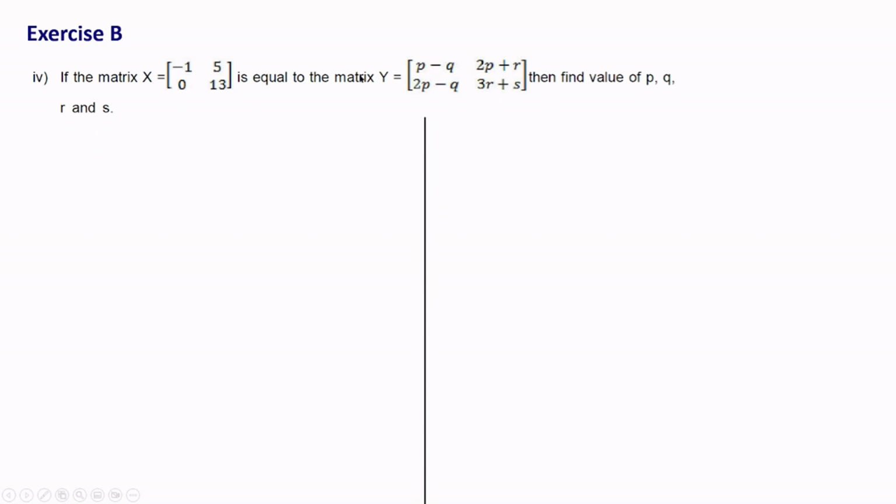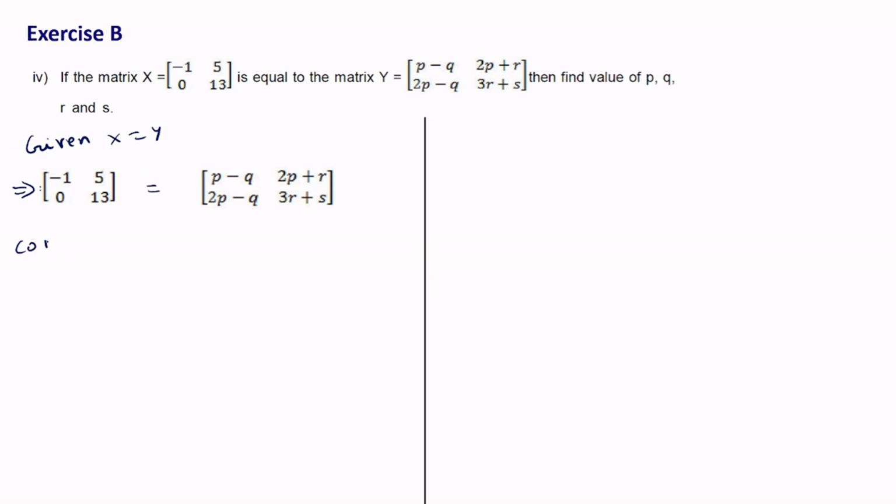So we can equate each element to the corresponding element of the other matrix and we can find the values of P, Q, R and S. So given X is equal to Y, this implies this matrix is equal to Y. So we can compare the elements.